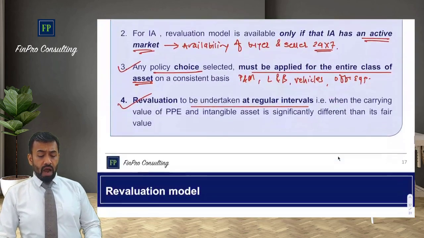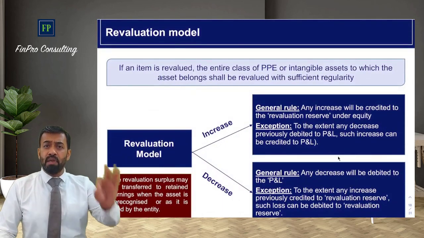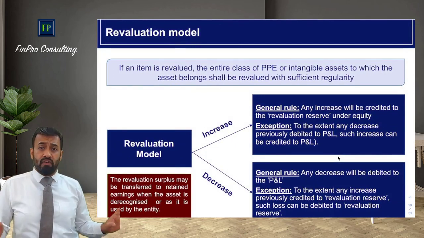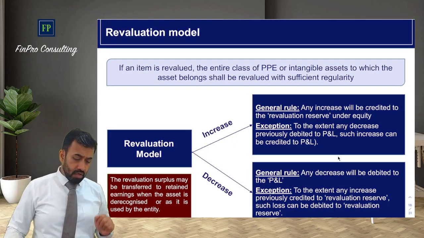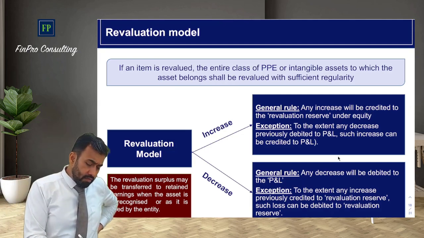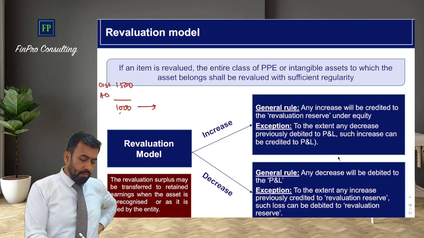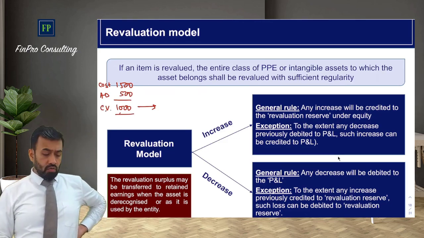Now we have to see how to account for the gains and losses. The accounting is same for PPE and intangible asset, no difference whatsoever. See this. In case I have carrying value as, let's say, 1000, it may be because of 1500 is the cost, accumulated depreciation is, let's say, 500, my carrying value is 1000.